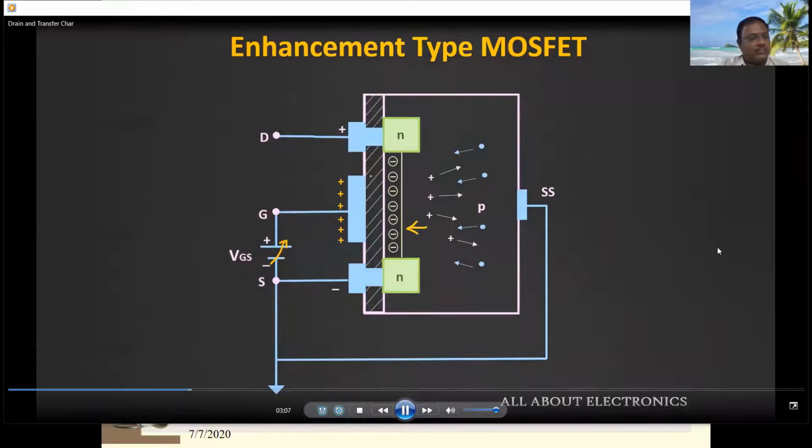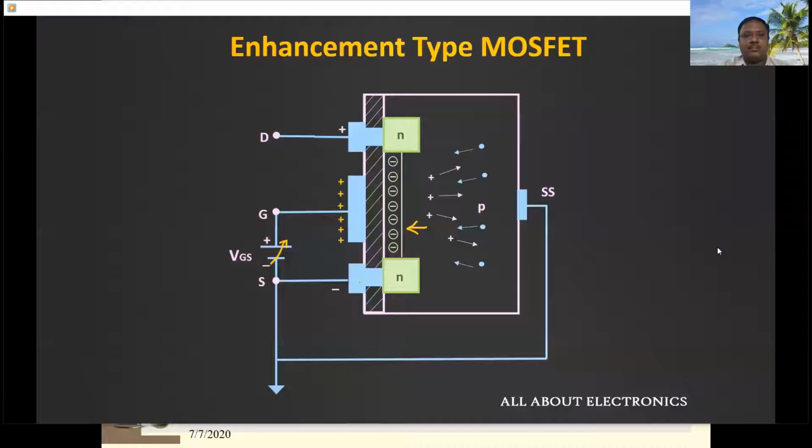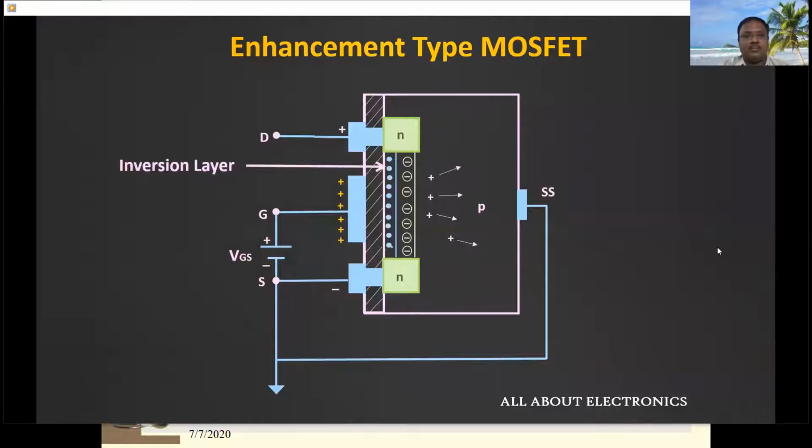But due to this insulating layer, they will not be able to cross this oxide layer, and they will start accumulating near this oxide layer. So eventually the inversion layer of free electrons will get created near this oxide layer, and now this inversion layer will act as a channel between this drain and the source terminal.